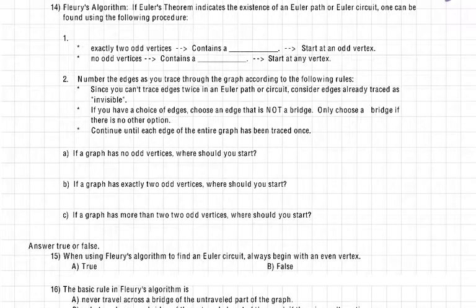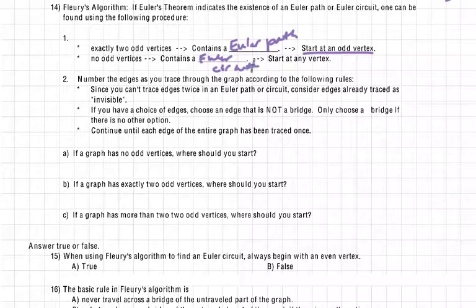If you have a graph that has exactly two odd vertices, it contains an Euler path. So let's label that: it contains an Euler path. You just need to start at an odd vertex. If there are no odd vertices, then it contains an Euler circuit.